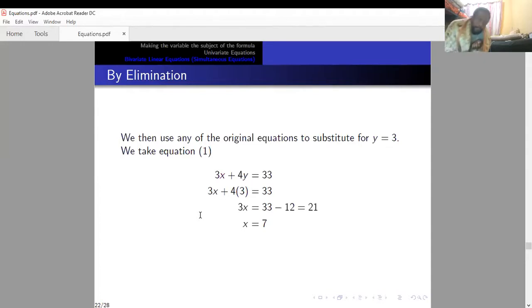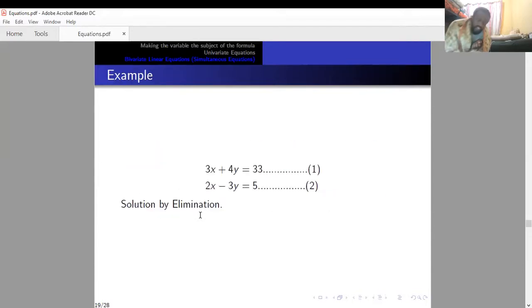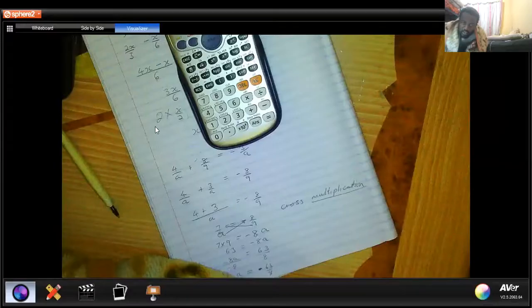So I want us to redo this equation by hand now, instead of looking at the slides. Let's do it by hand.